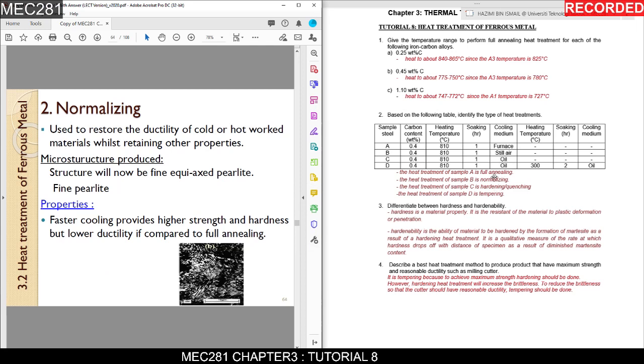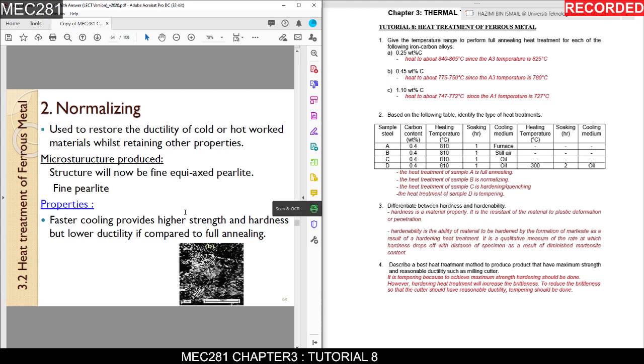So it may be hardening and quenching, or maybe tempering. But the difference between hardening, quenching, and tempering is that tempering uses multiple hardening and quenching processes, whereas the hardening and quenching process is done one time only.